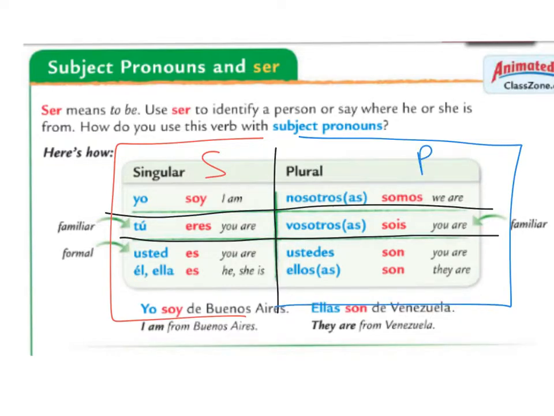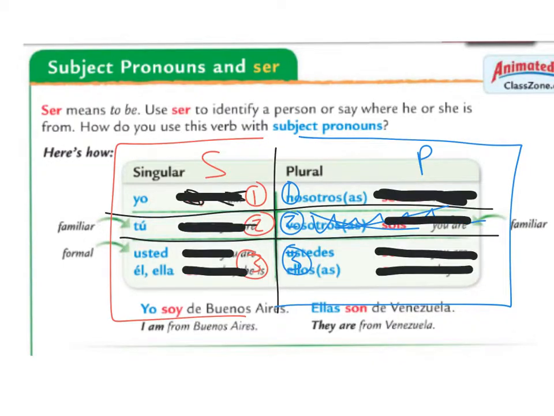On the left side, we have the first person singular, the second person singular, the third person singular. On the right side, we have the first person plural, the second person plural, and the third person plural. For now, we're not going to discuss much about the second person plural, so you can go ahead and skip that. For now, we are just focusing on the subject pronouns.